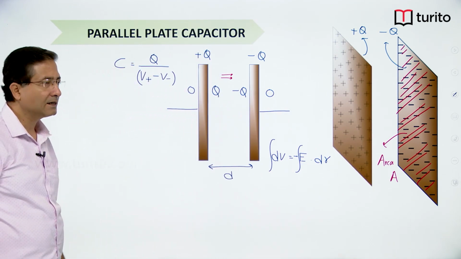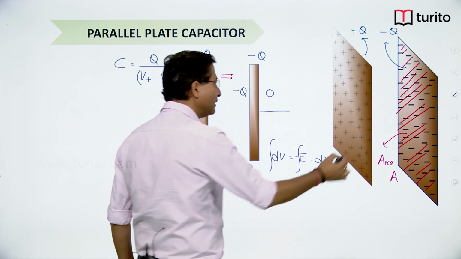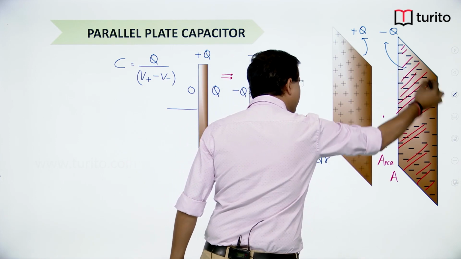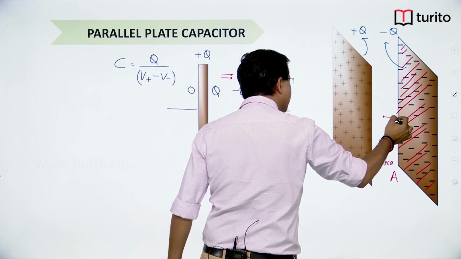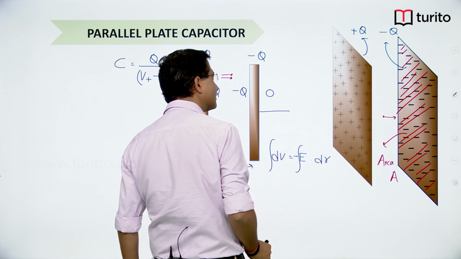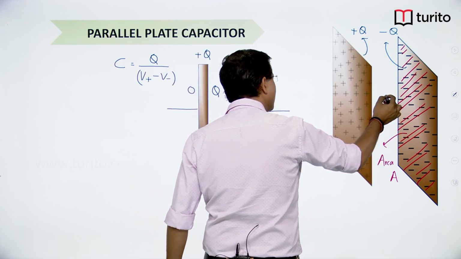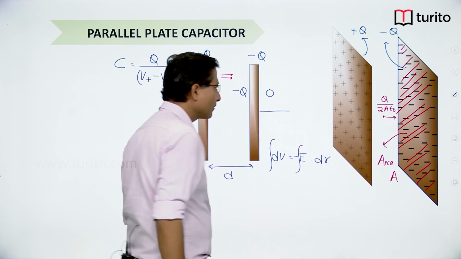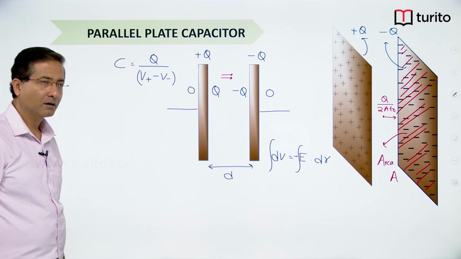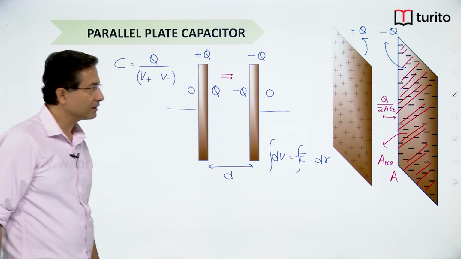Now, if this area is A and I ask what is the field at this particular point due to this negative charge distribution, it will be in this direction, and the value is Q divided by 2A epsilon naught. I hope now in the diagram it is clear.